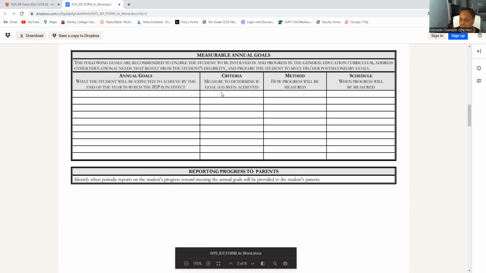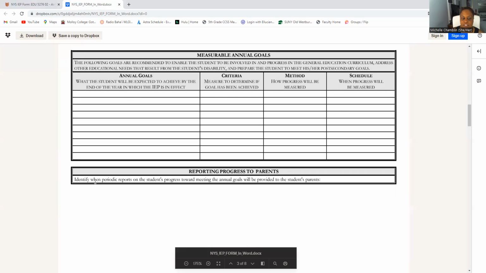There is a criteria, a measure to determine if the goal has been achieved. So we have to have a criteria. Think even of a lesson plan, we have a criteria. It's the same thing here: a criteria to know if they achieved it, the method of how it will be measured, and a schedule of when it will be measured. I'm going to show you an example of all of this in just a few minutes.